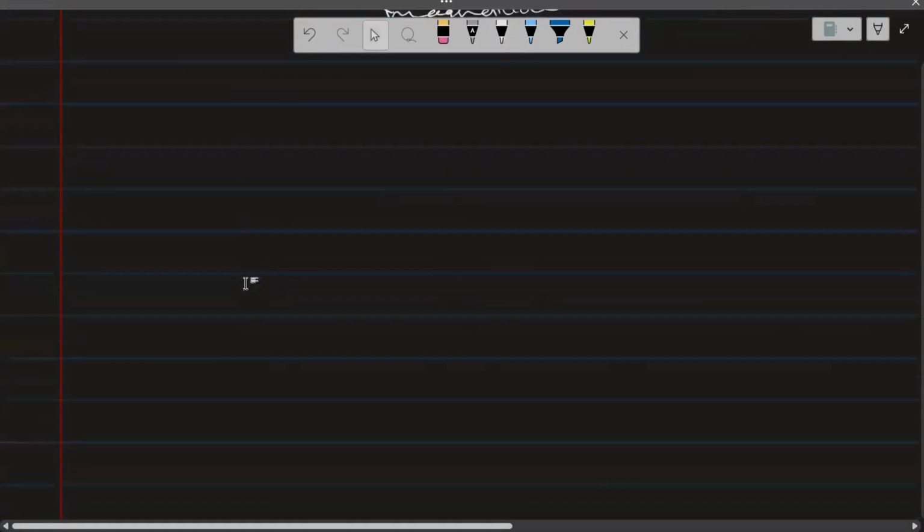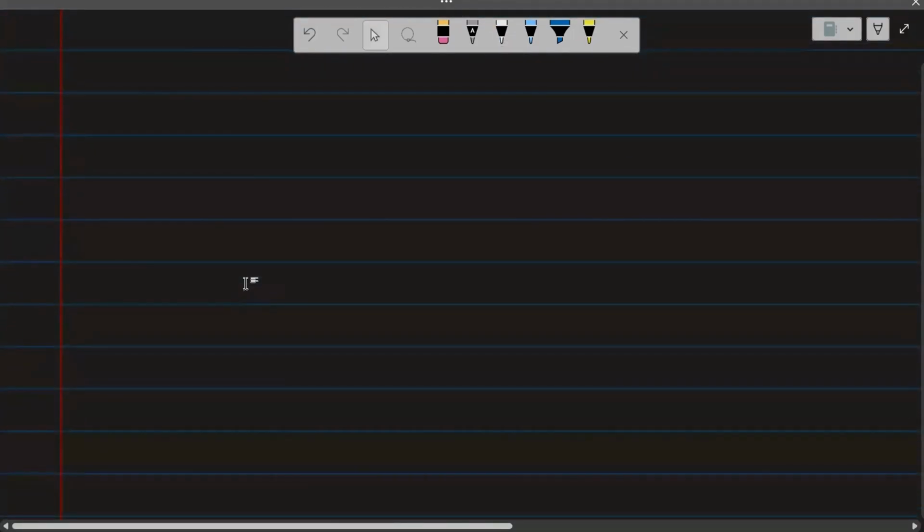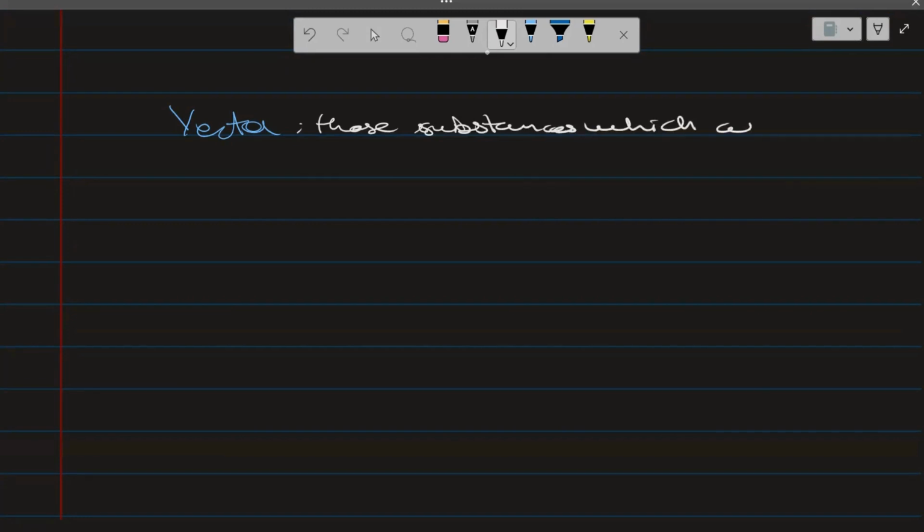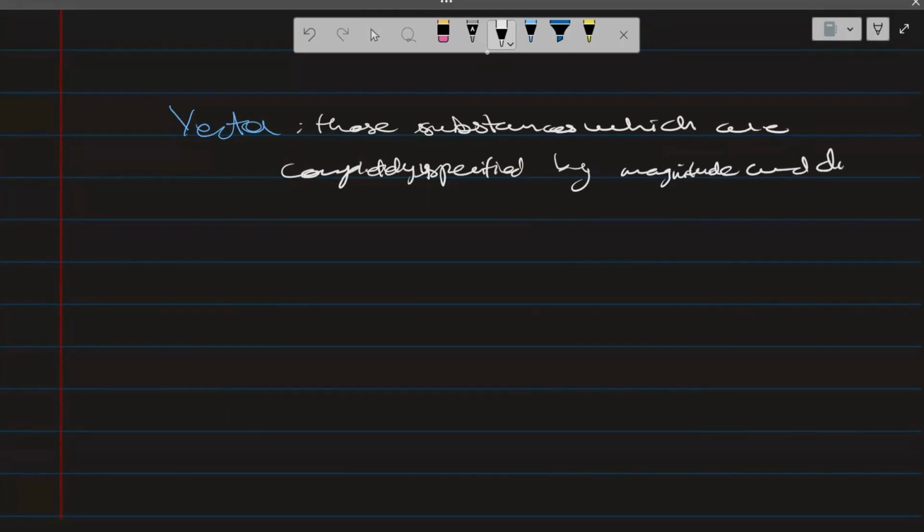Now let's do the last topic of this lecture, which is vector. What is a vector or a vector quantity? Vector quantities are those quantities, those substances, which are completely specified by their magnitude and direction.